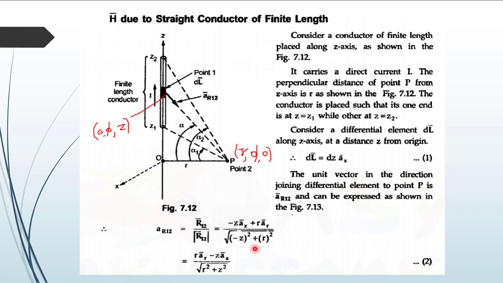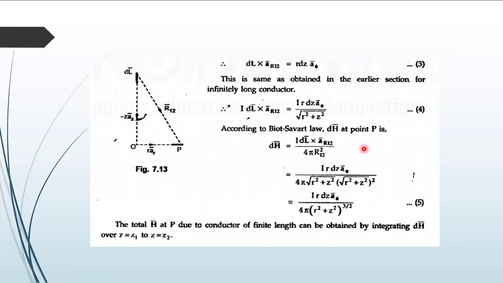What is the magnitude of R12? It is square root of Z square plus R square, and already there is one square root of this, so it will become raised to 3 by 2. So the final equation is dH equal to I R dz A phi cap divided by 4 pi times R square plus Z square raised to 3 by 2.